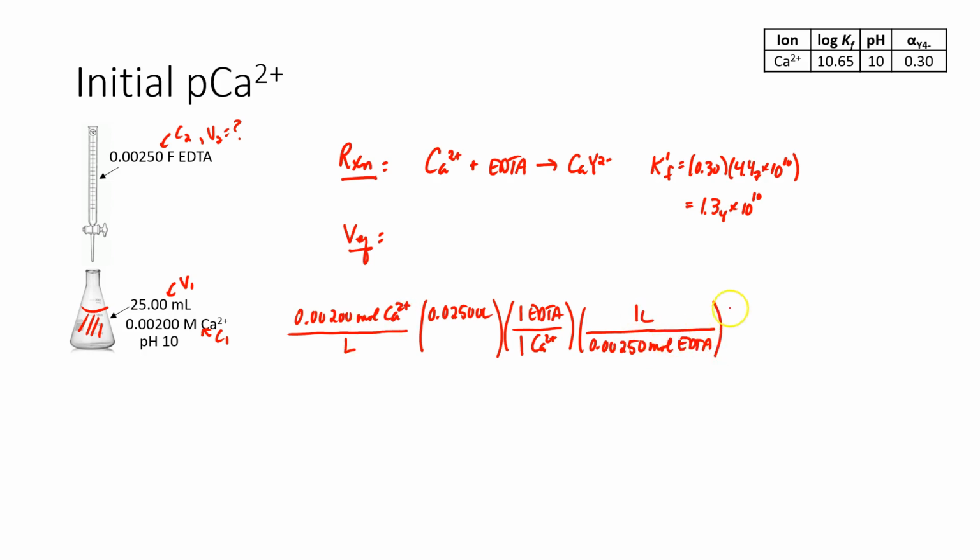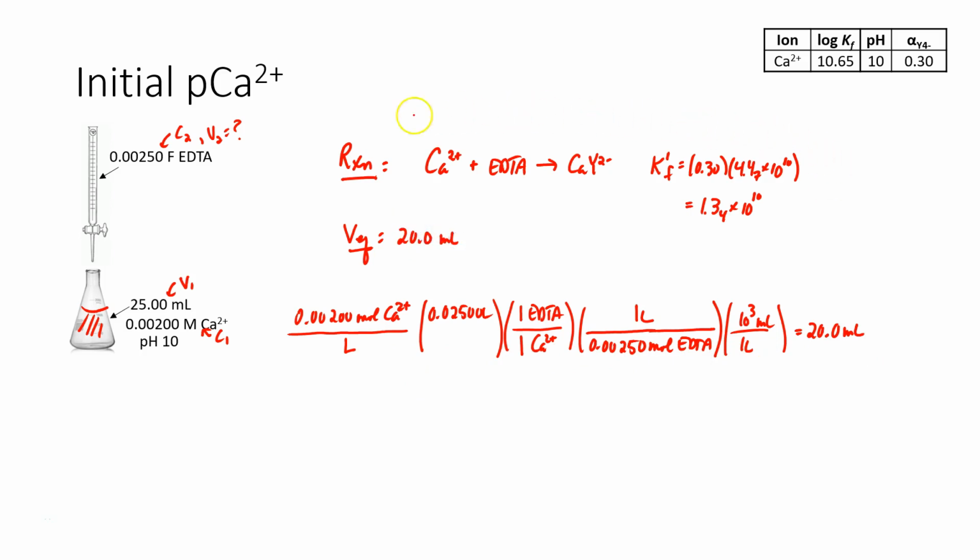And then one final step to get from liters into milliliters. And when you do that, you should get an equivalence volume of 20.0 milliliters. So either you use C1V1 or you use this solution stoichiometry, that's the equivalence volume.